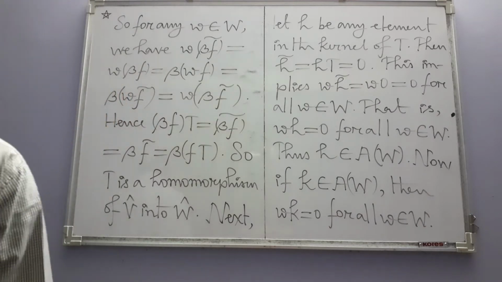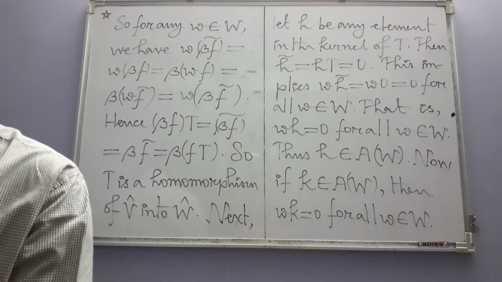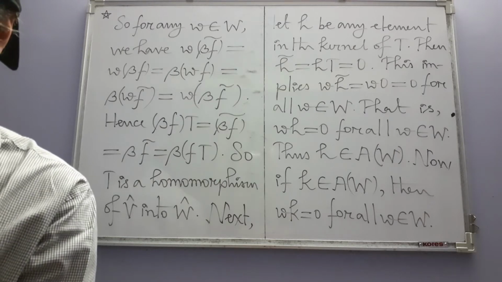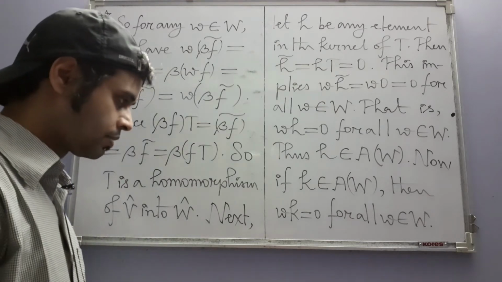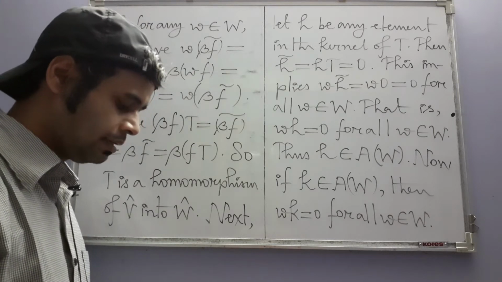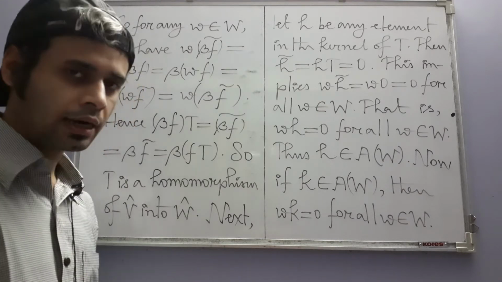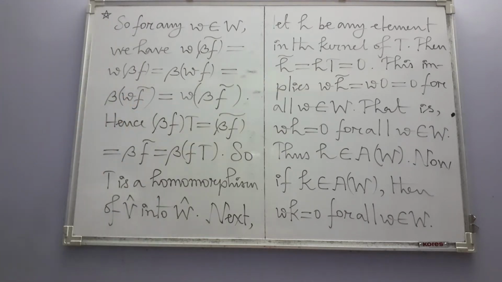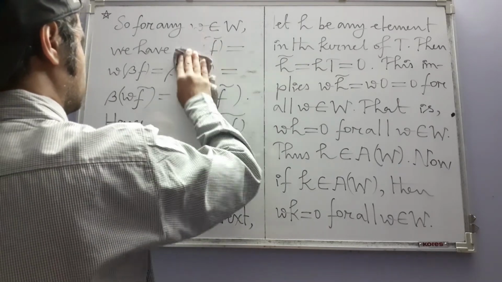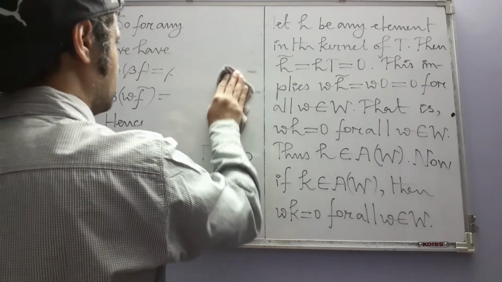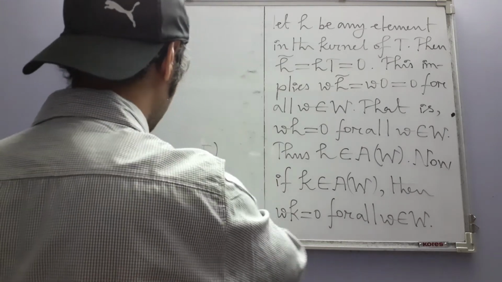Okay, I think I need ink, so just give me a moment. So now from this it will of course very easily follow that k is in fact going to be in the kernel of T. So being constantly 0 on W means what?